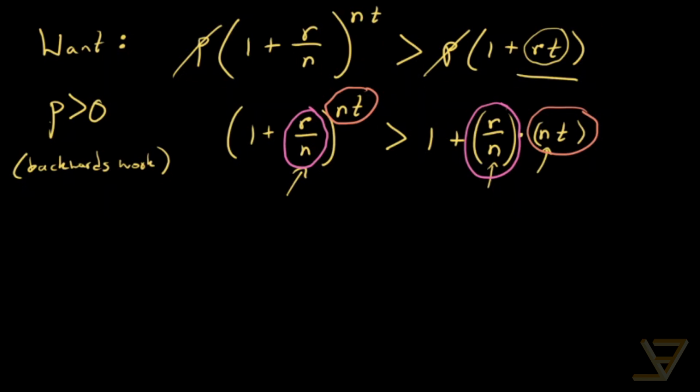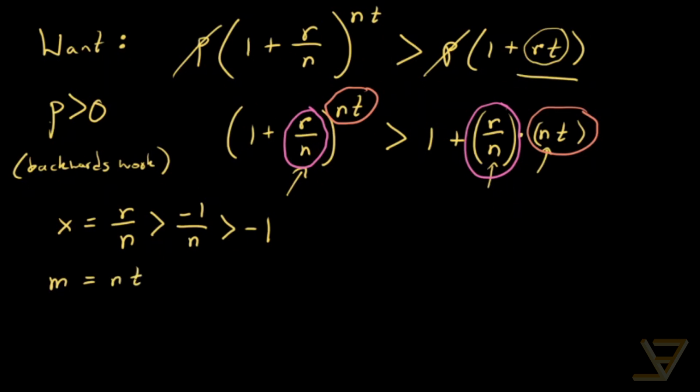Let's replace these with variables. So we'll say x equals r over n, which we know is greater than negative 1 over n, which is also greater than negative 1. And we're going to say m is equal to n times t.